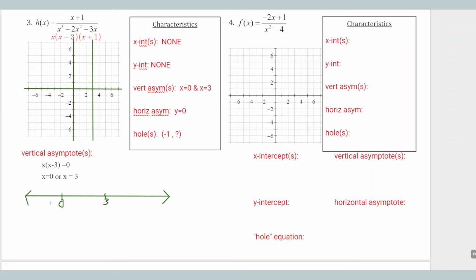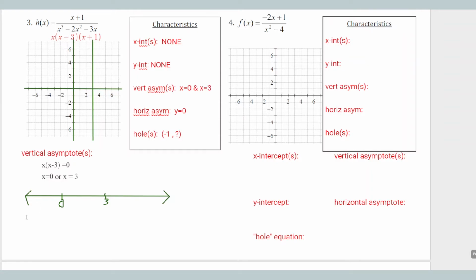If I plug in like a -10, and again, I'm going to ignore the x plus 1 over x plus 1. So what I really have here is like 1 over x times x minus 3. If it helps, maybe I'll write it down here. So this is going to be my whole equation, which I'll need for later anyway.